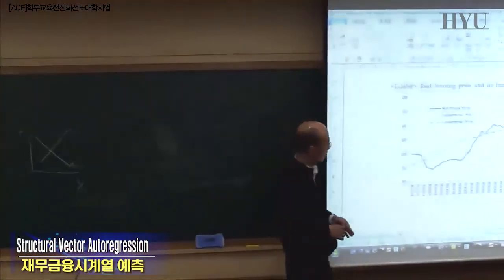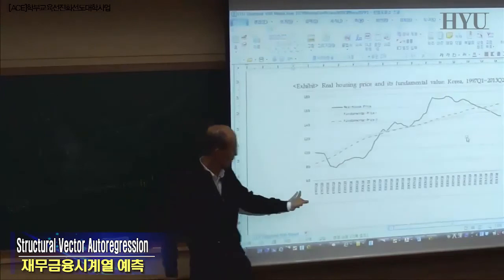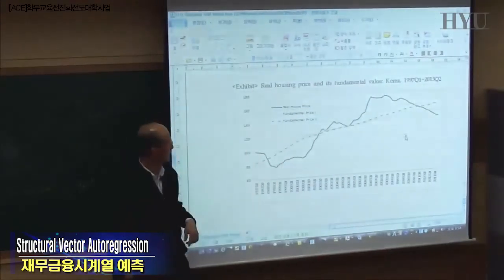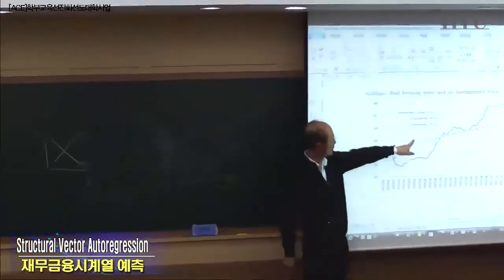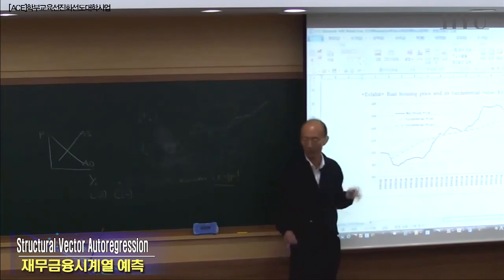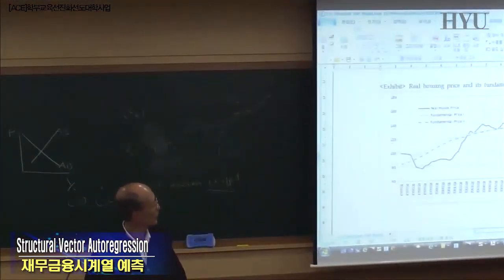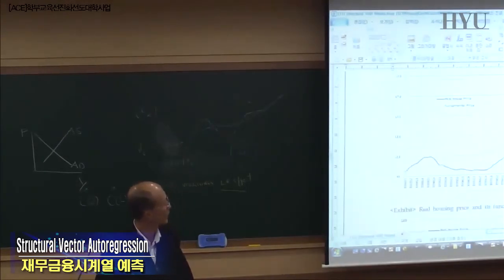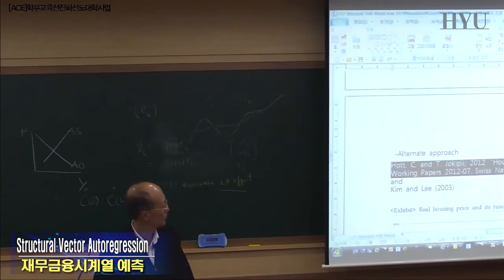But because of the lack of data around this period, we had to calculate fundamental price as version 1 and version 2, but the movement is very similar. Right? I didn't show you the details of this method to produce this, but you can always go back to their reference.